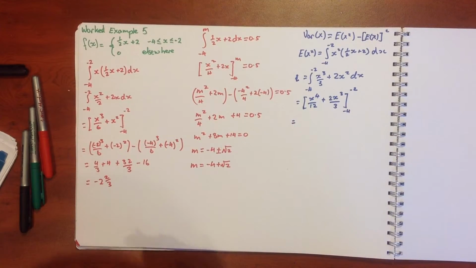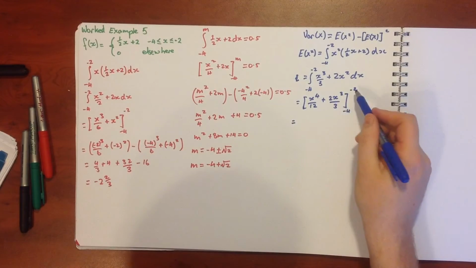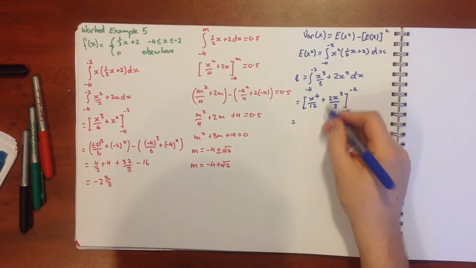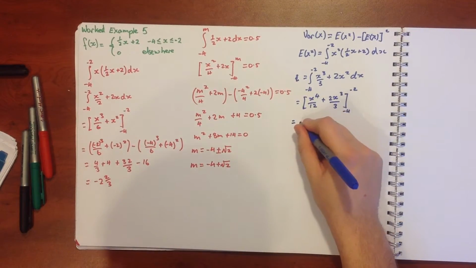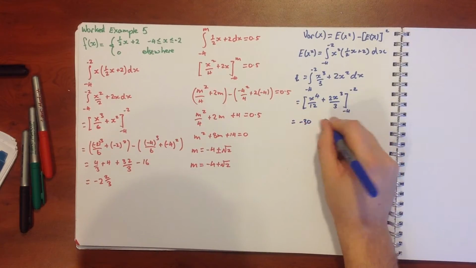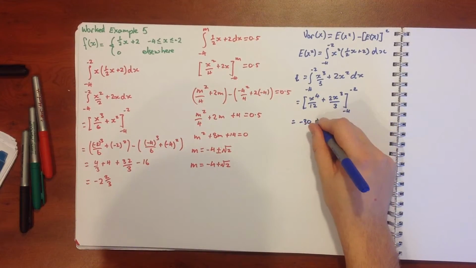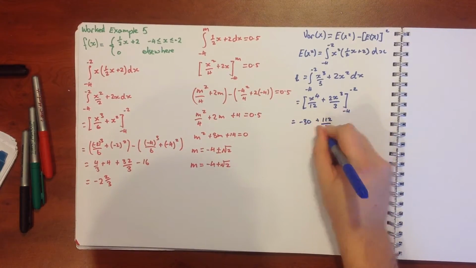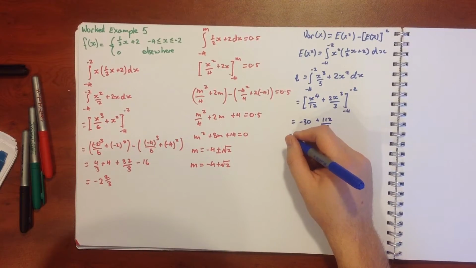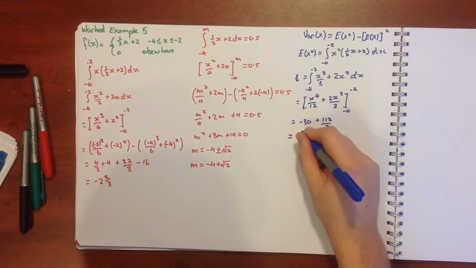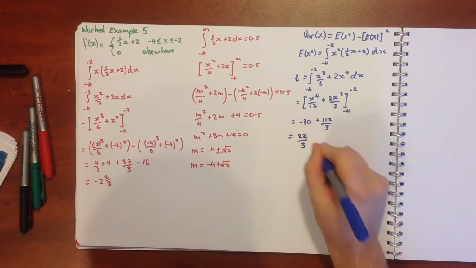Just running out of a little bit of room here. When we sub in negative 2, we get minus 30. When we sub in negative 4, we get 112 on 3. When we bring those together, we get 22 on 3.